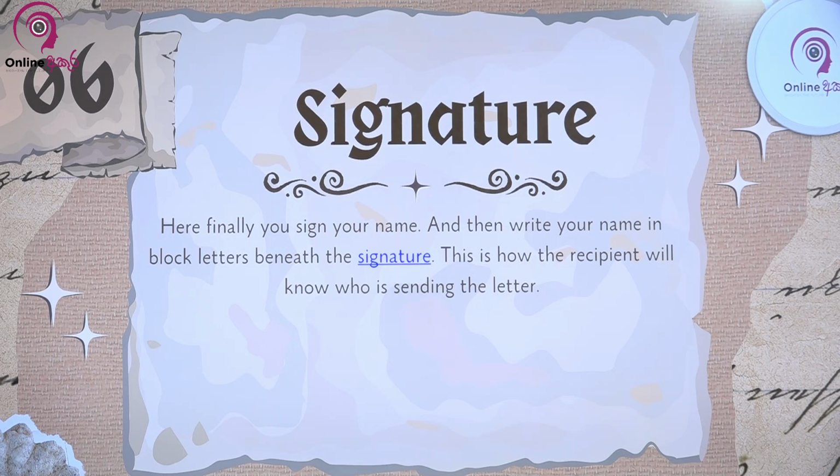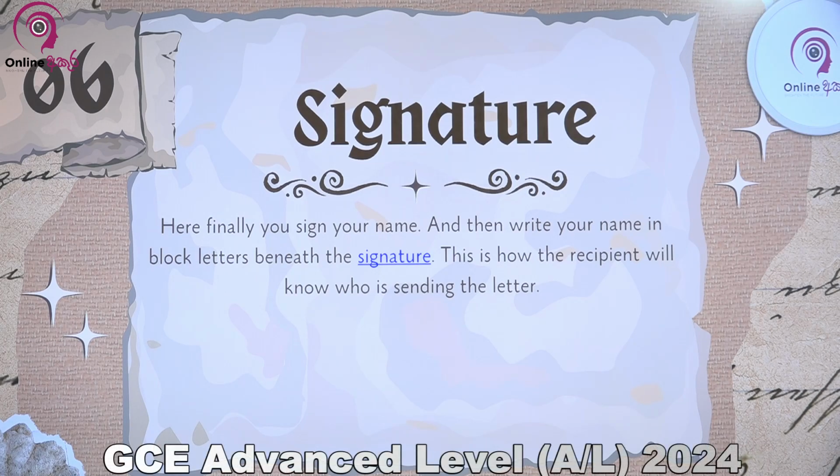You write yours faithfully, yours truly, and then you put your signature and write your name below the signature, and then you have to mention who you are. Even if you are a class monitor writing a letter to an official, it doesn't matter. You can write class monitor, A-level biology class, ABC College, Gampaha. So whatever your designation, you have to mention that.